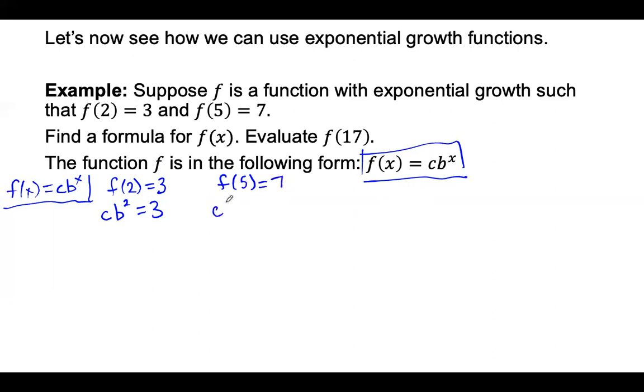This means c times b to the exponent 5 is equal to 7. So we're going to set up something, with this first one, c b to the 5 equals 7, and this second part. I'm just rearranging it, it doesn't matter.